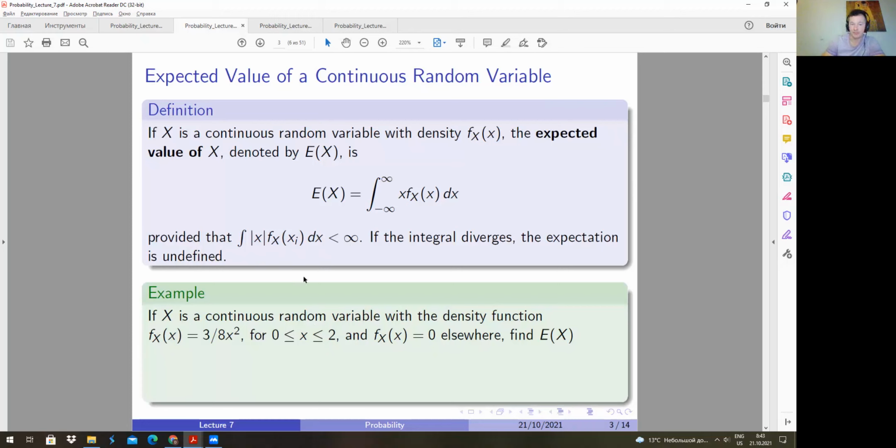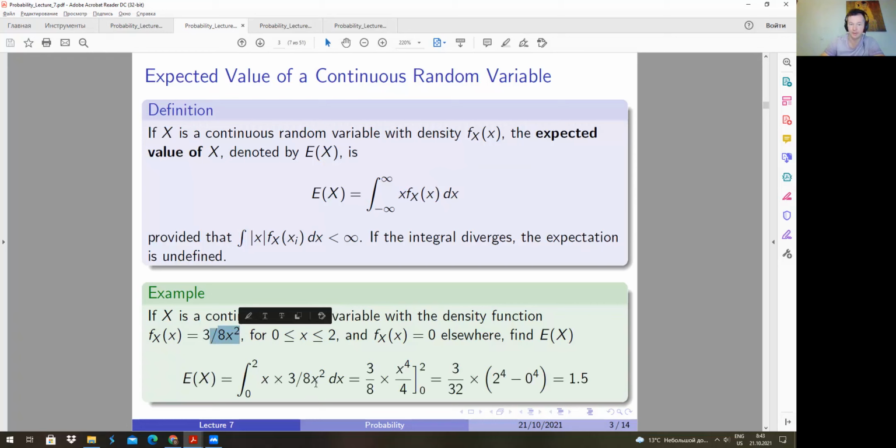So now I plug this function into the integral here, and then I need to evaluate this integral. I take x, multiply this by the PDF, 3/8 x squared, and my borders of integration are from 0 to 2. Next, I take 3/8 out of the integral sign. I have x cubed inside, and the integral of x cubed is x to the power of 4 over 4.